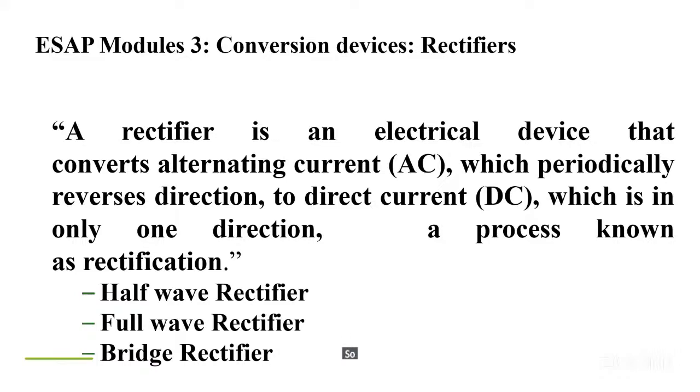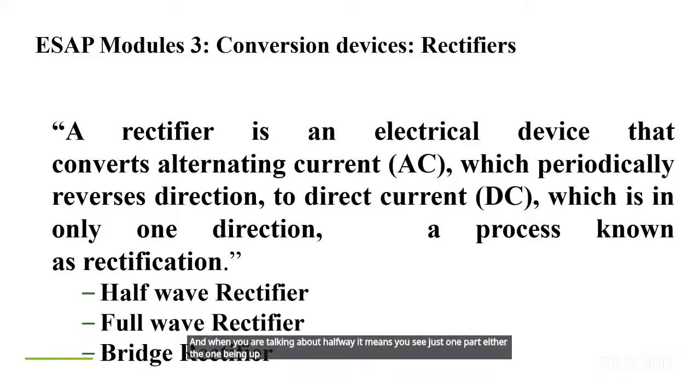When you see an AC current, you can get it as a sinusoid, with one half on the upper part of the axis and another part on the lower part. Half wave means you see just one part, either the one above the axis or the one below. The second way is a full-wave rectifier.